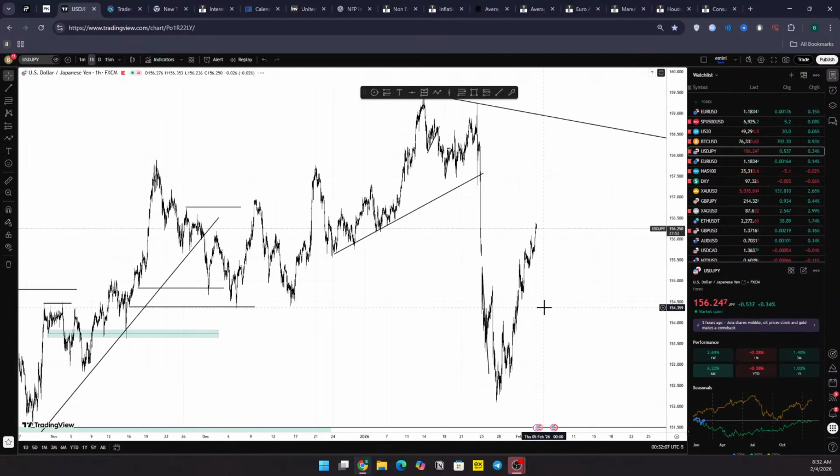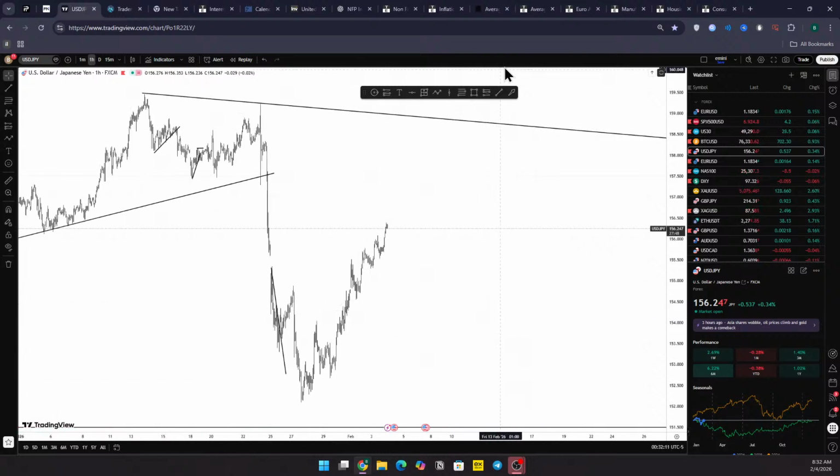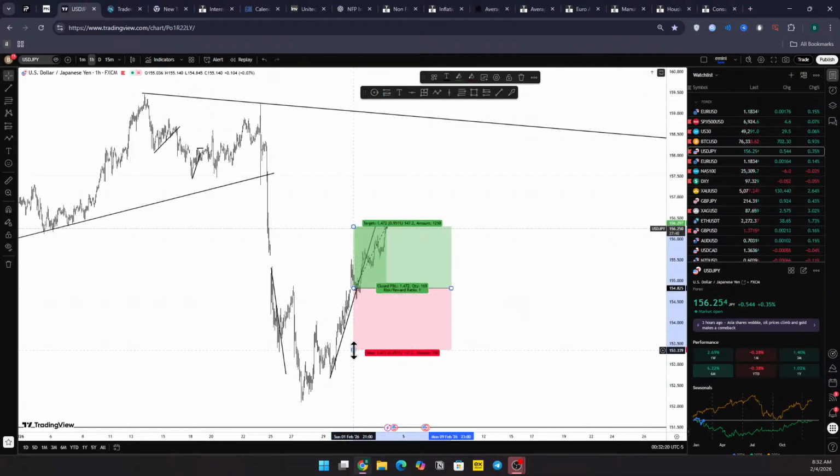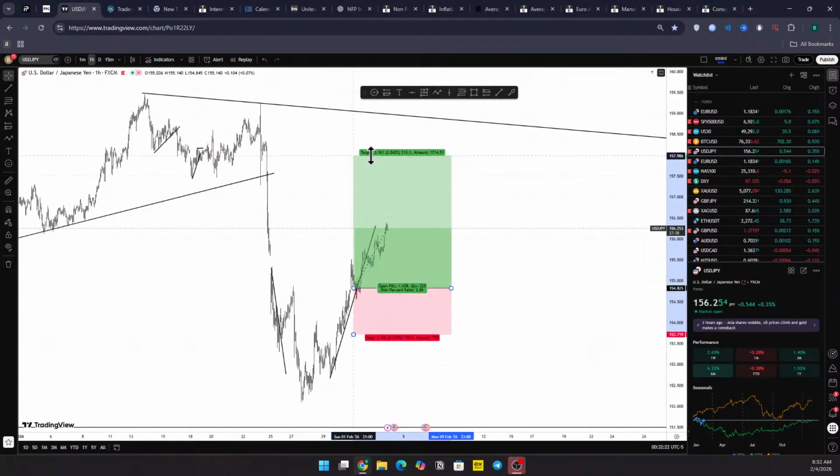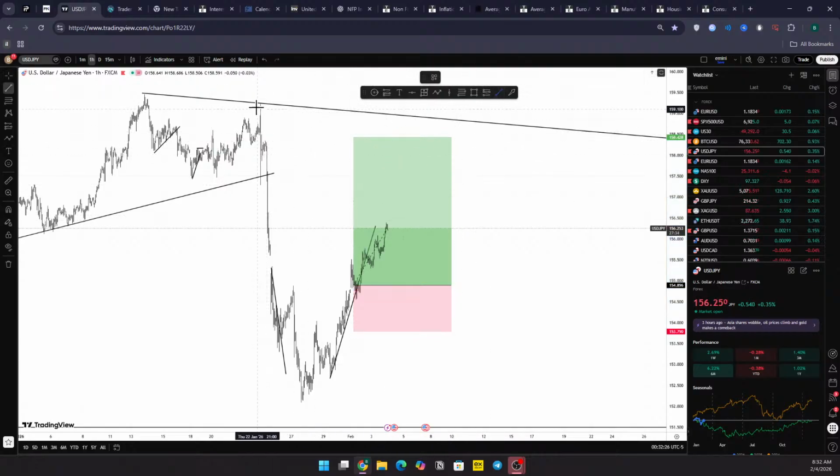Coming to USD JPY, I haven't backtested my strategy here, but I do think that it may work. So guys, I don't know, we could have entered a trade that looks like this. Stop loss here, long, giving us something like that. I think I would have entered for that liquidity.